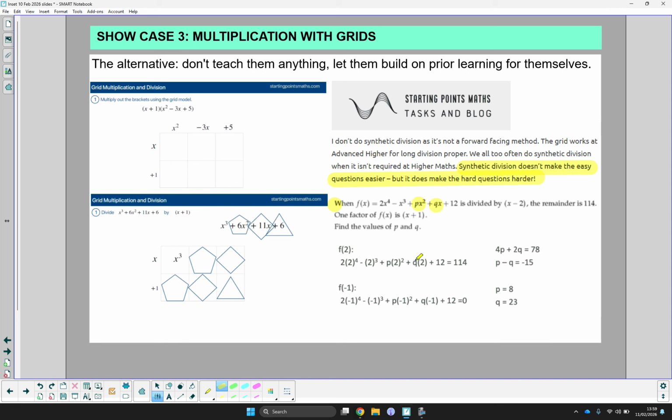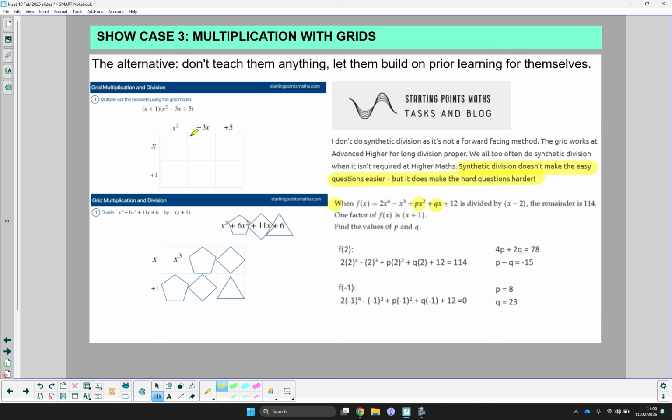And if you're bouncing that around synthetic division, you've got P's and Q's being multiplied and added. Pupils will often make trivial, but in the end, mistakes. And with synthetic division, it loses track of what the factor theorem actually is. So this difficult question can be done fairly easily with a bit of substitution.